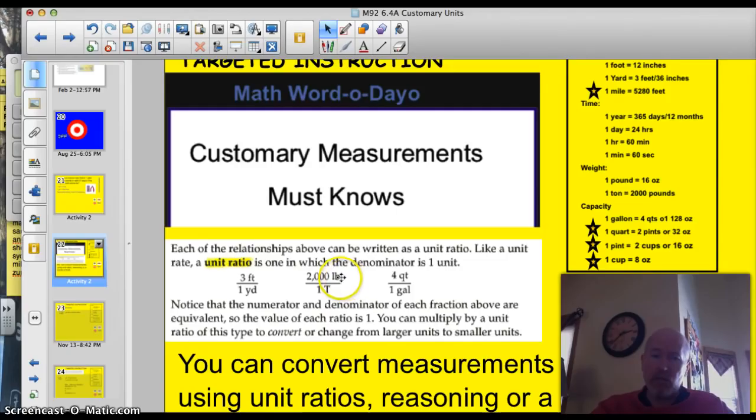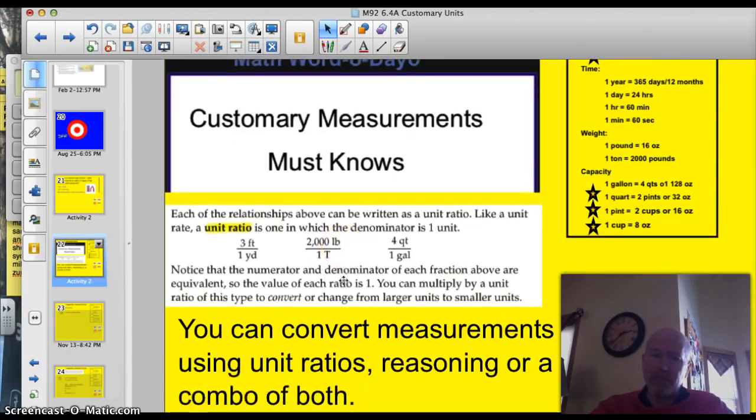They're the same. 2,000 pounds and 1 ton. Those things are the same. When you solve these, you can use unit ratios to multiply and divide. You can use common sense or reasoning or a combination of both. I generally just use reasoning to work my way through it, especially when I've got that chart right there.